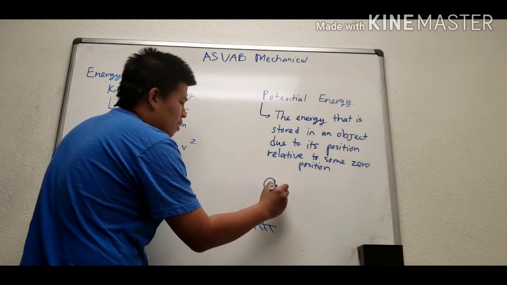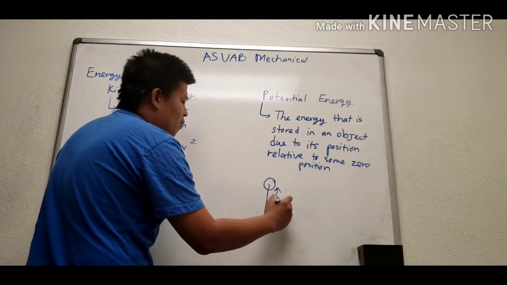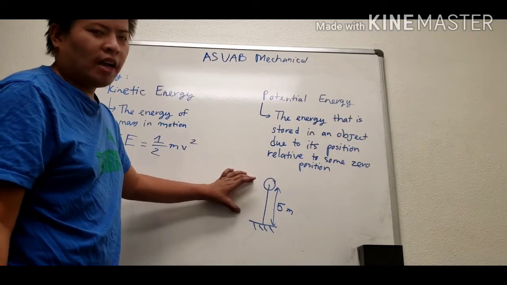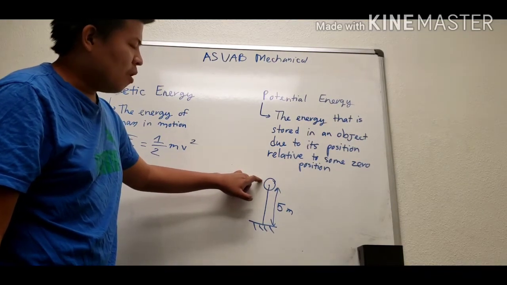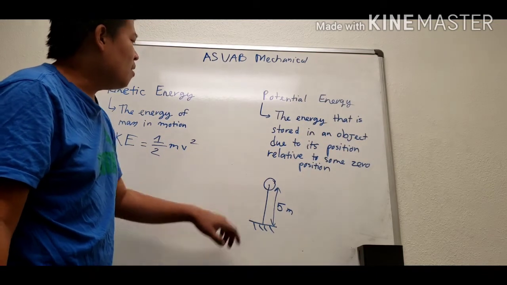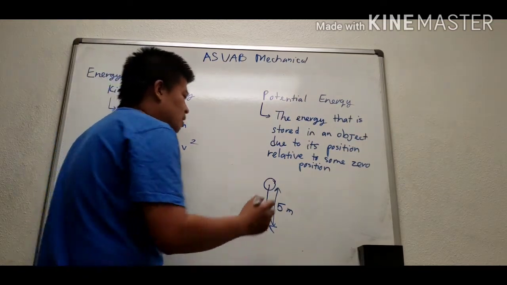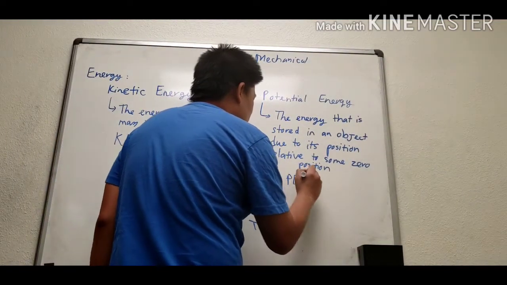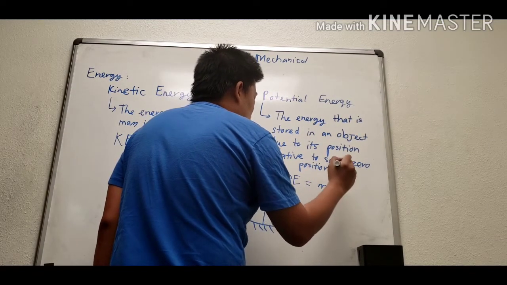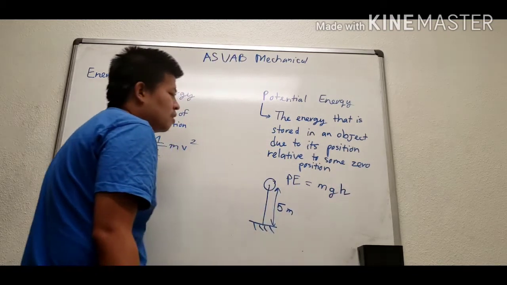Let's say the distance between the ball and the ground is 5 meters, and we can think that the position of the ball relative to the position of the ground, there is potential energy. The formula of potential energy is PE is equal to mass multiplied with gravity and multiply with the height.